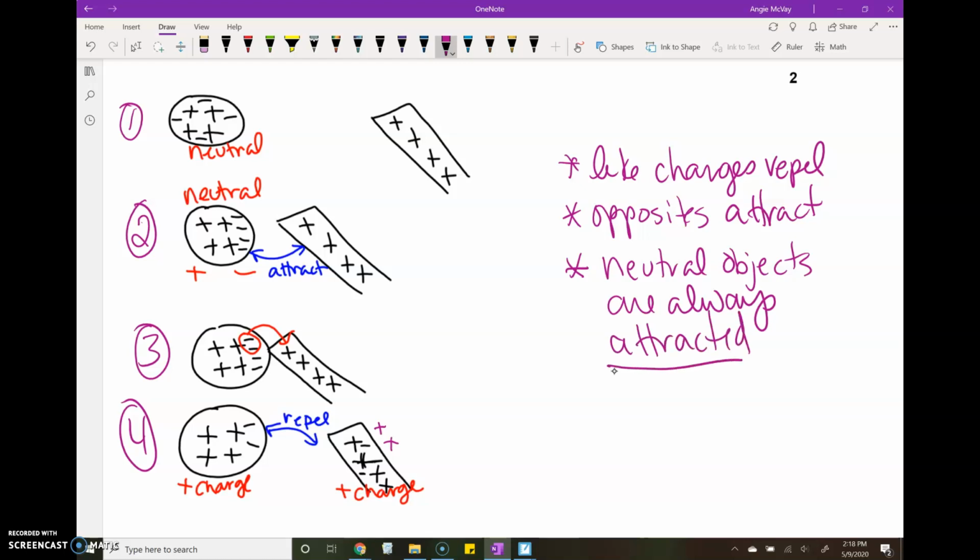Right, that pith ball started out neutral, and it was attracted.